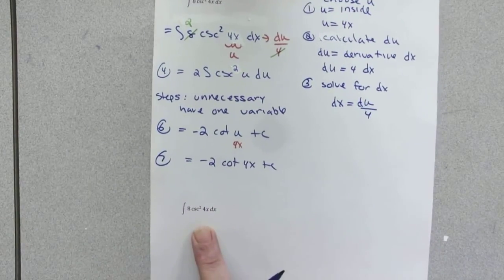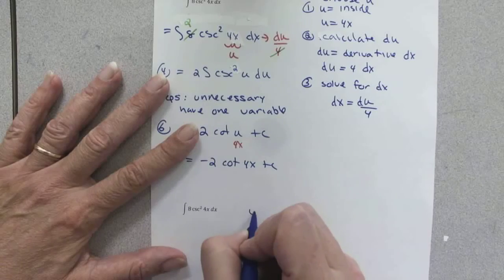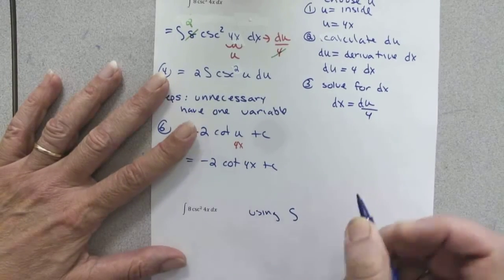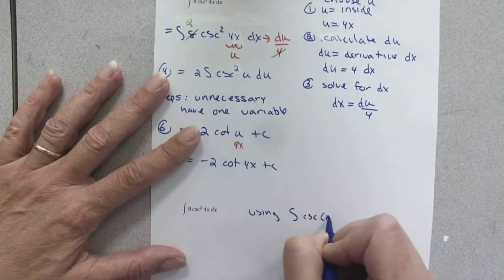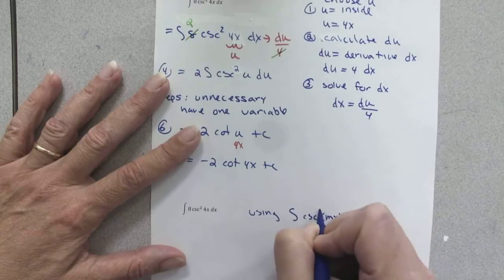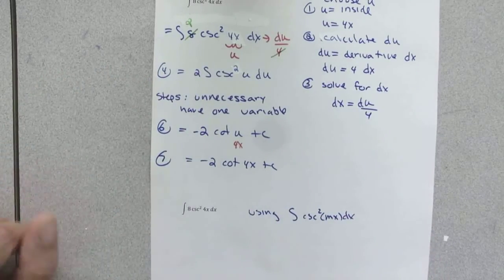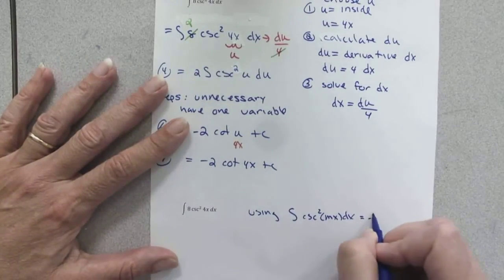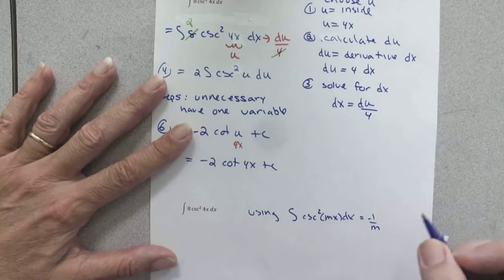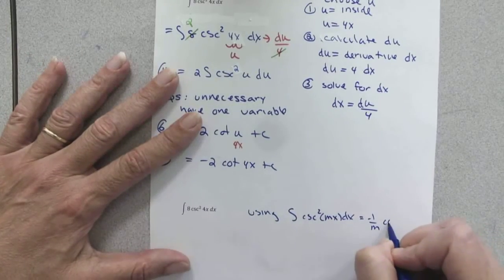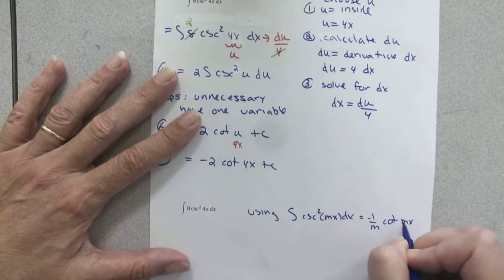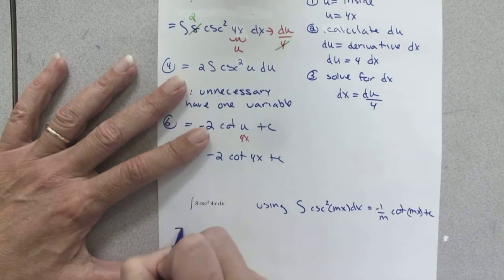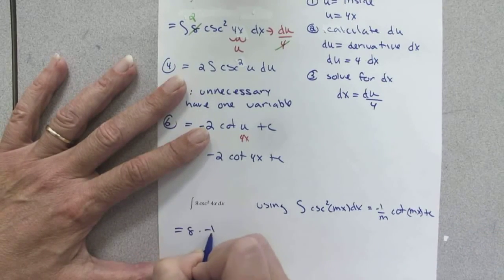So what I would really prefer is that you remember that the antiderivative of cosecant squared mx dx is negative 1 over m cotangent mx plus c. Just write the answer down.